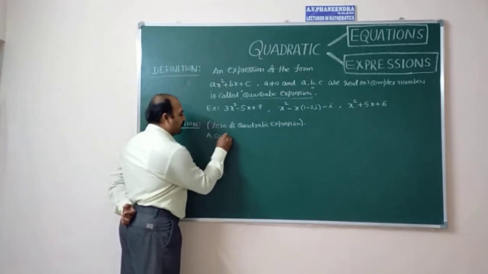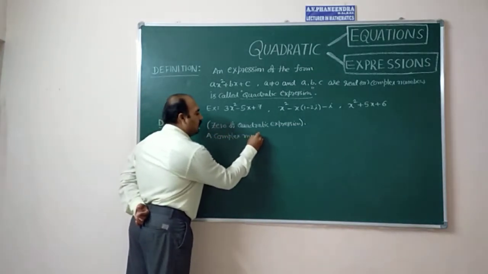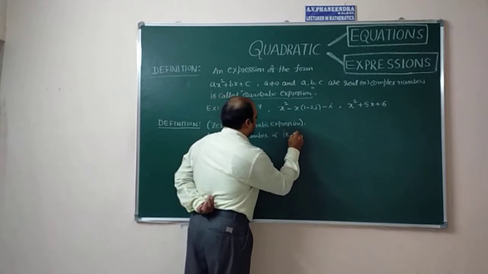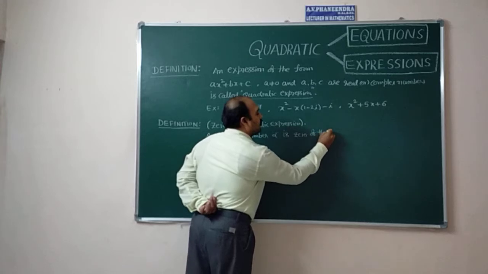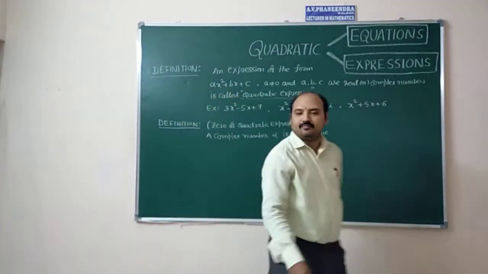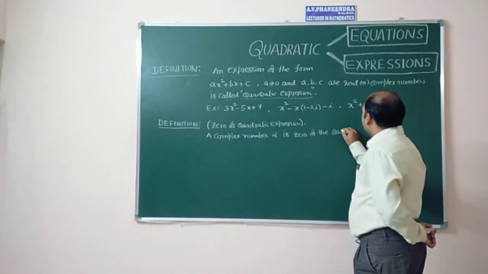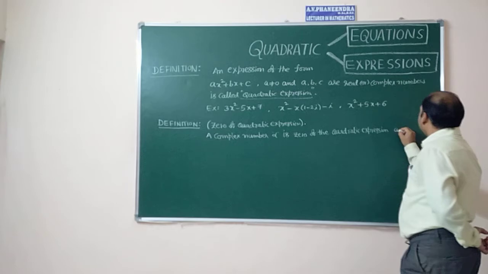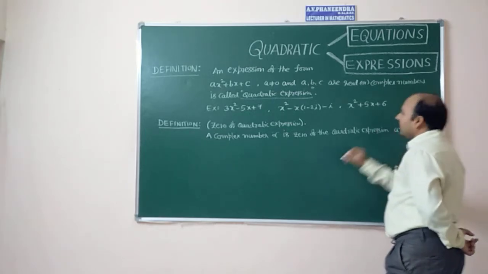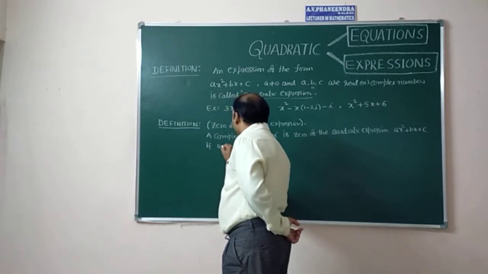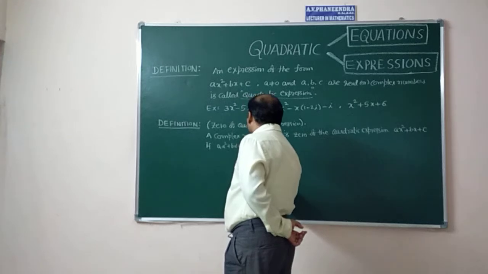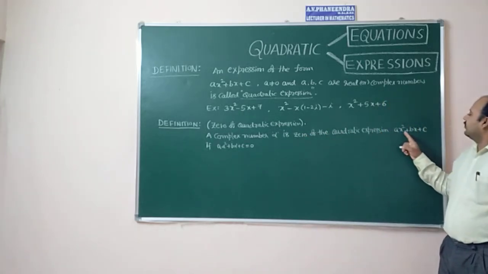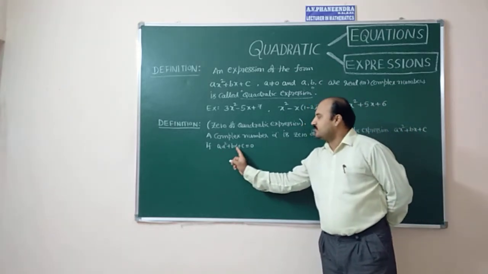A complex number alpha is a zero of the quadratic expression ax square plus bx plus c if a alpha square plus b alpha plus c equal to 0.